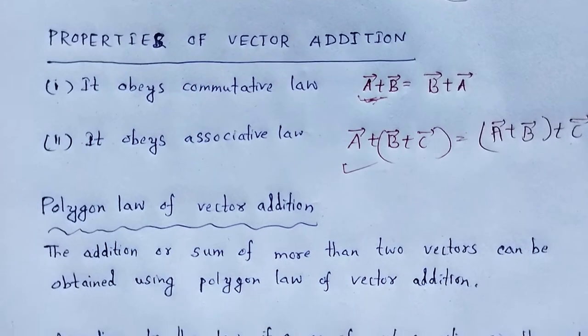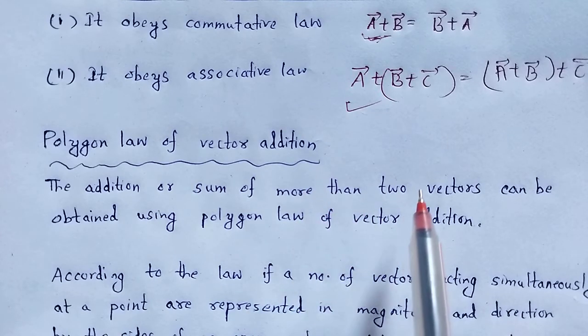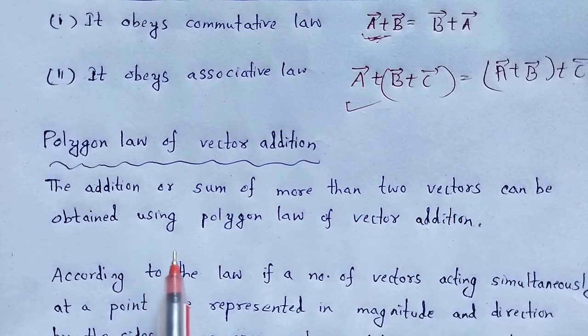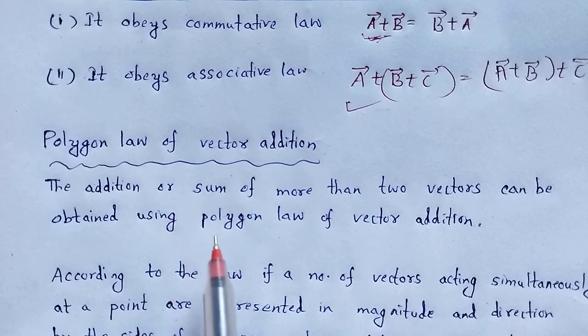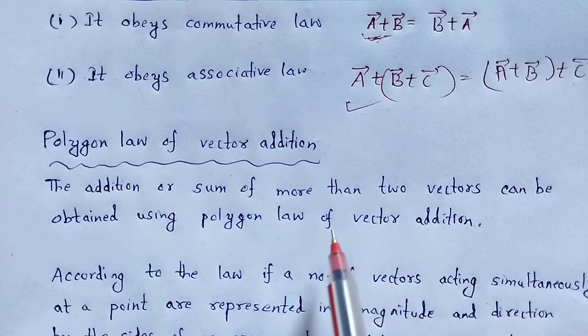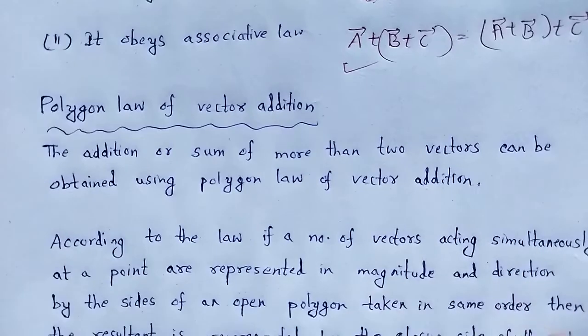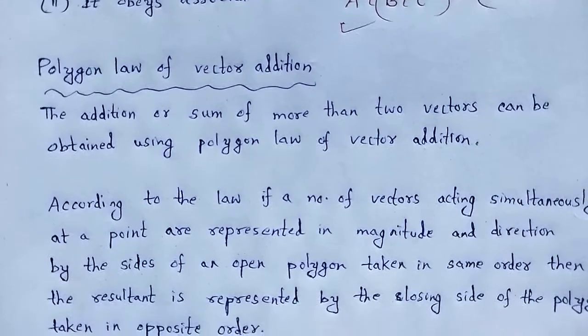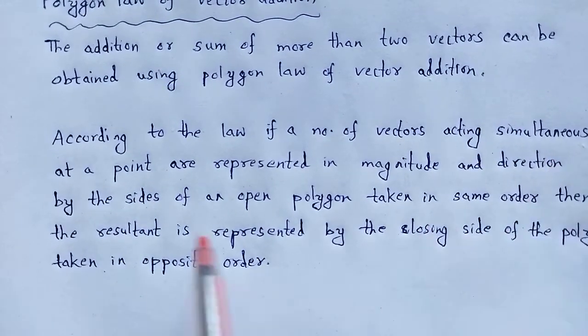What is that law? The addition or sum of more than two vectors can be obtained using the polygon law of vector addition. That means the polygon law of vector addition is introduced when there are more than two vectors, and this is the statement of that law.